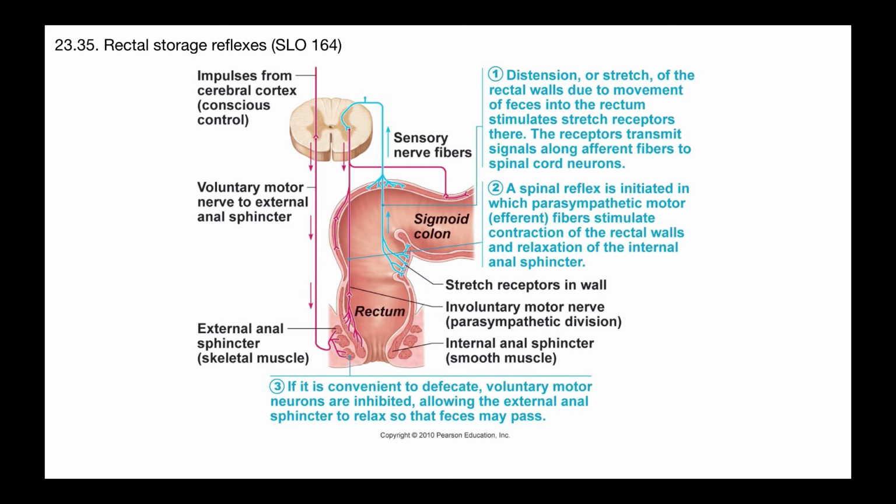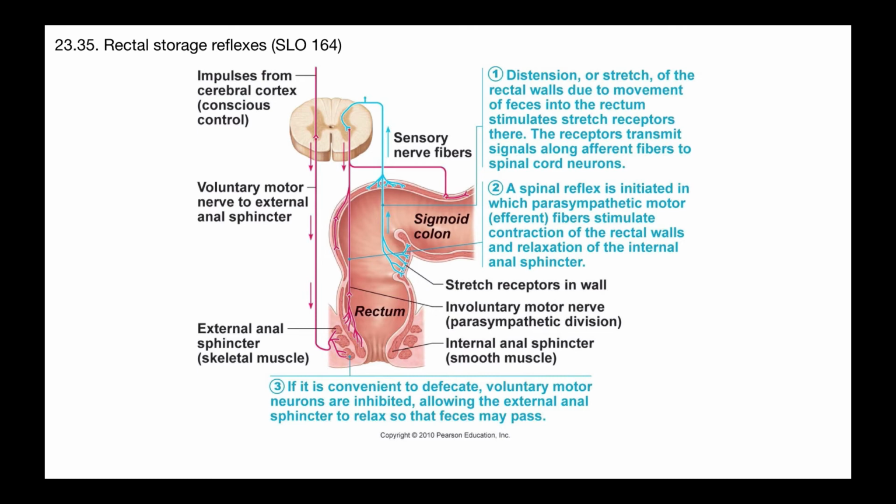This is done by a couple of what are called storage reflexes, and then finally the defecation reflexes. So what happens first is, as the rectum stretches when the feces moves into it, that's going to send sensory fibers up to the spinal cord. And then a spinal reflex is going to stimulate the contraction of the rectal walls, and also the relaxation of the internal anal sphincter.